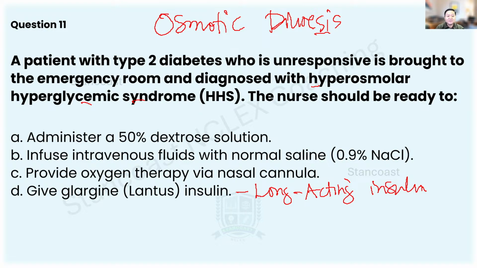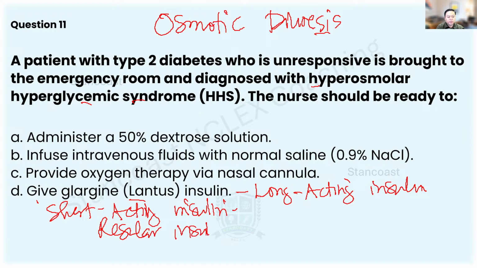So they will have polyuria causing hypovolemia, and the reason for that is because they have hyperglycemia. The Lantus insulin will not treat that, especially in the acute setting, during the immediate phase. The patient will not really benefit from a long-acting insulin. They will respond instead to a short-acting one, such as regular insulin. So we are going to eliminate letter D. It's not going to be helpful for this patient.